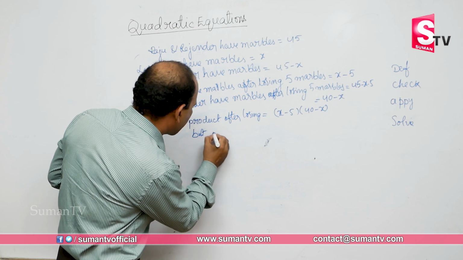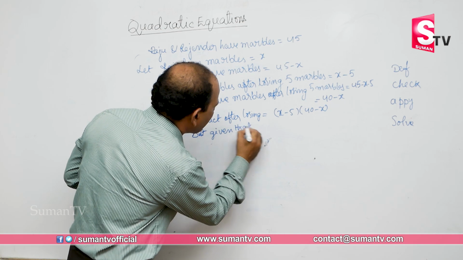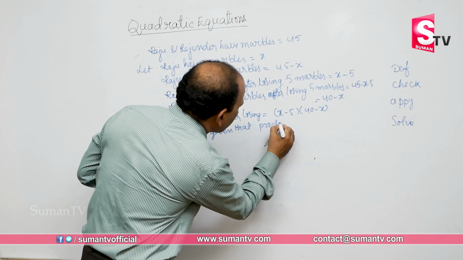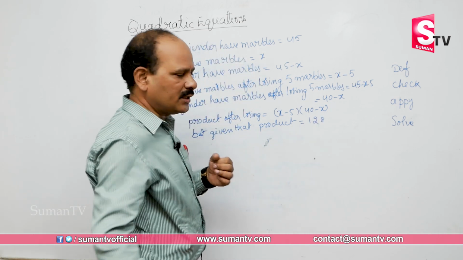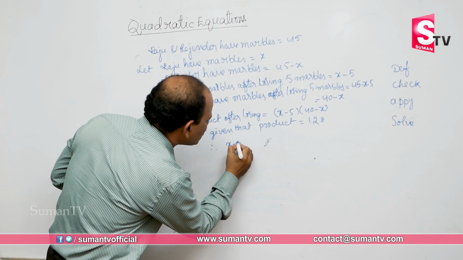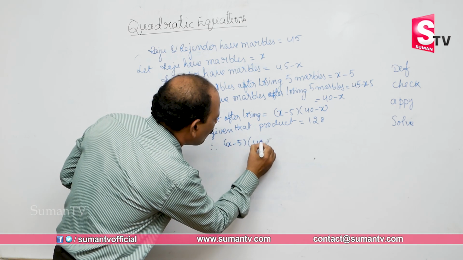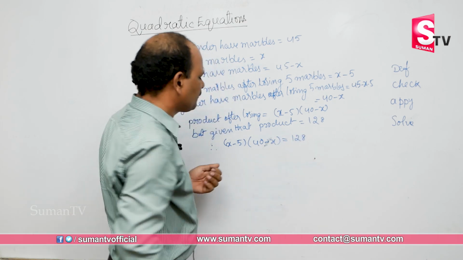Therefore, x minus 5 into 40 minus x is equal to 128.